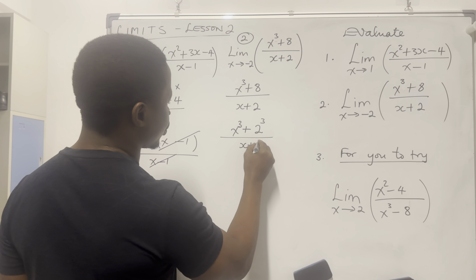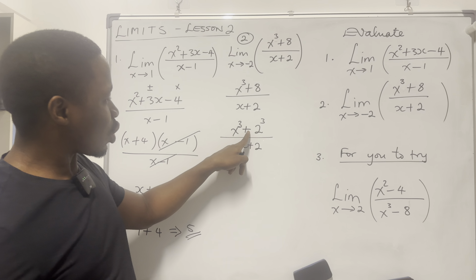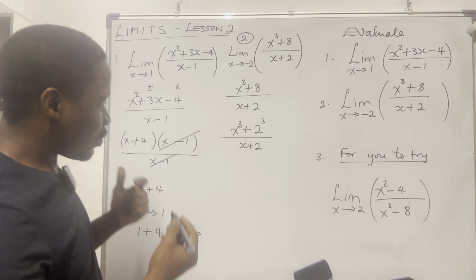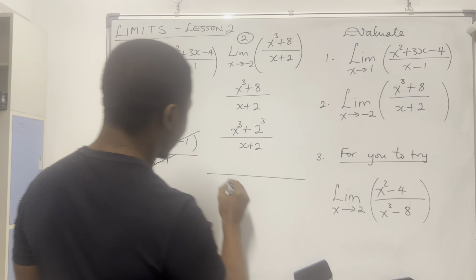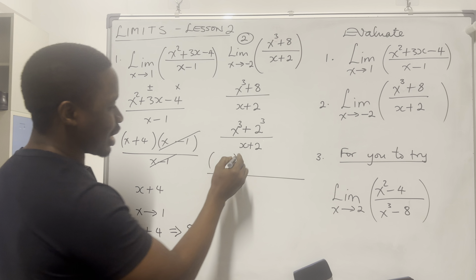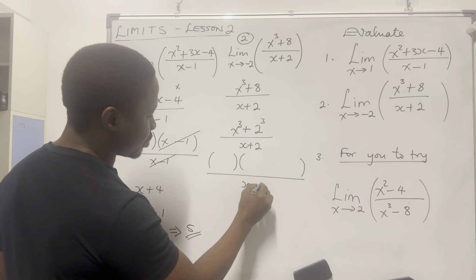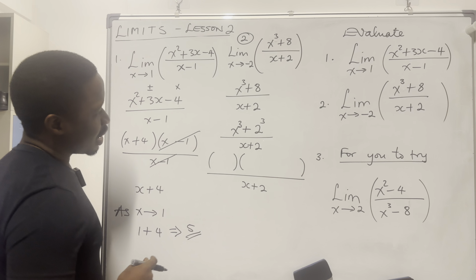Over x plus 2. Now, how do we factorize the sum of two cubes? For the sum of two cubes, we have two brackets like this. Usually the first one is smaller than the second one. Of course, the denominator is waiting for us.